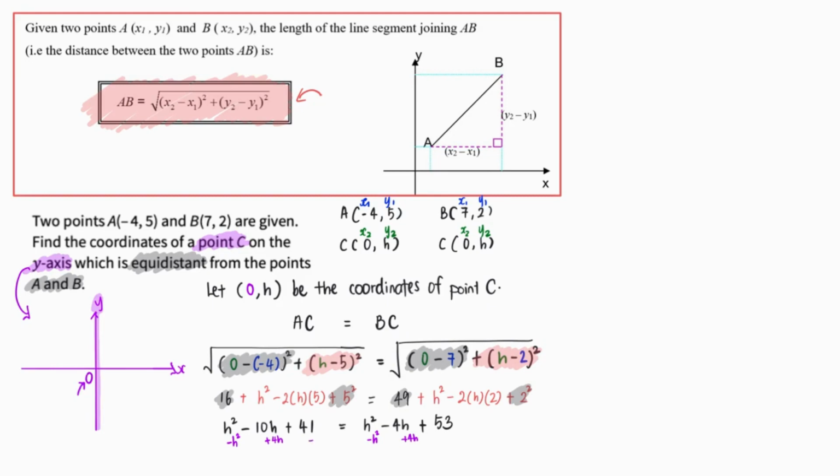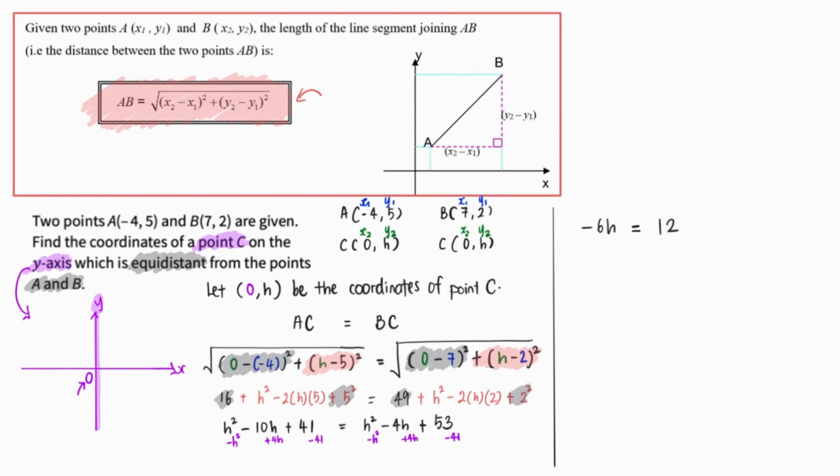I am also going to minus 41 on both sides, and once I've done all those steps, this will be the next line. I'm left with negative 10h plus 4h, that will give me negative 6h. 41 minus 41 is 0, so on the other side I'm left with 53 minus 41, that will be 12.